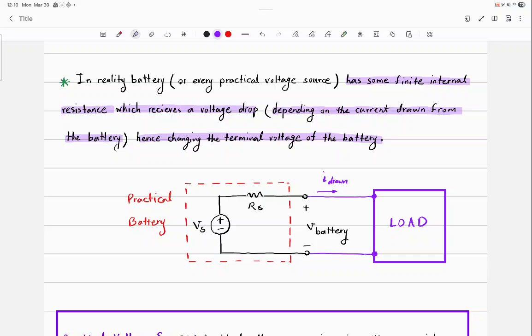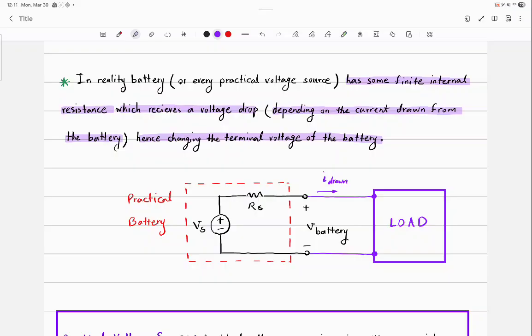Remember, you don't have access to what's inside the red box. You only get the voltage across the terminals, which is called V battery, right? Does that make sense? So imagine that inside the red box is completely opaque. You don't see what's inside, and you only have access to the terminals. And you connect it to some sort of load.